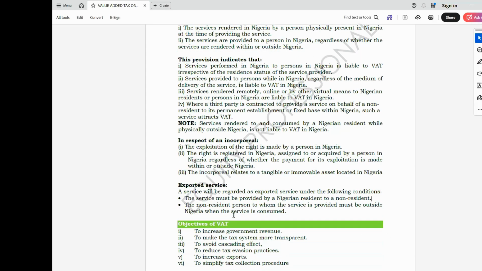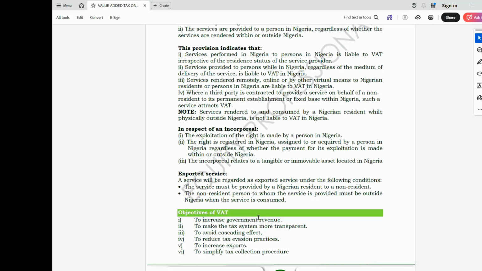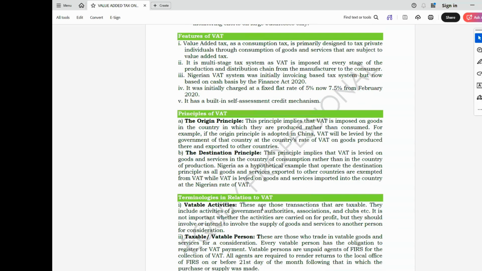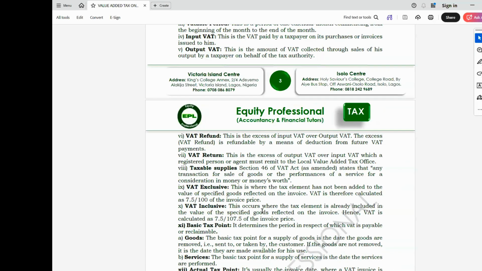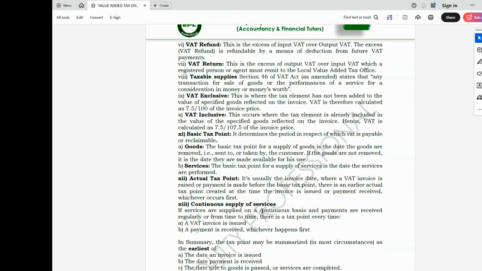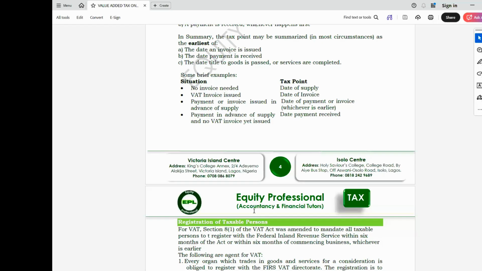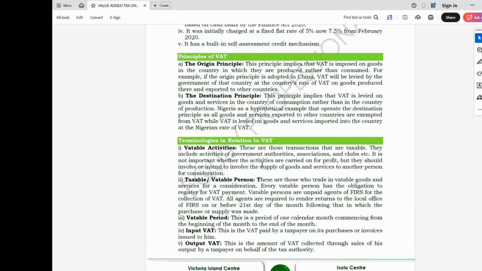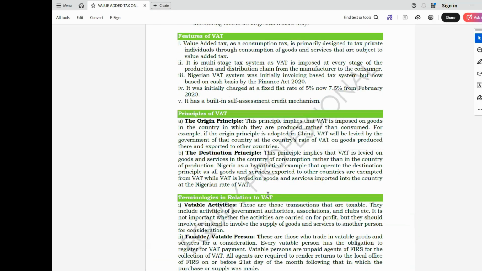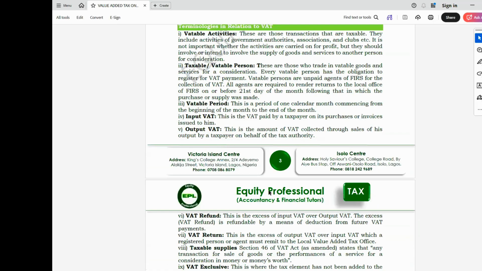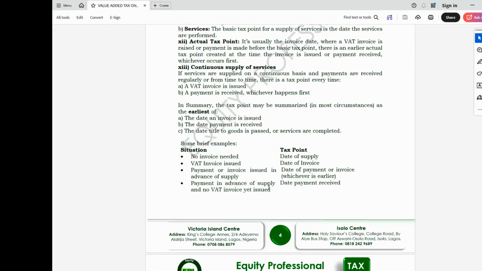So it's also not in Nigeria at the time of consuming the service. As a result of that, that will give rise to how VAT can be charged on goods and services.